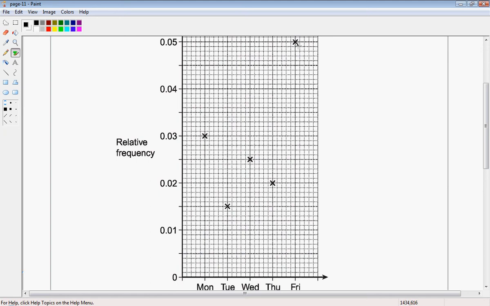If I know that the relative frequency for Friday is 0.05 and on Monday is 0.03, there's a difference of 0.02. So if I find out what the relative frequency is as a number for 0.02, that automatically gives me the answer.